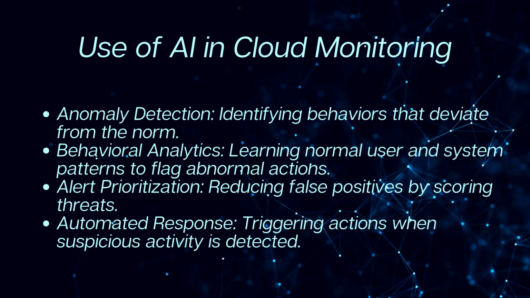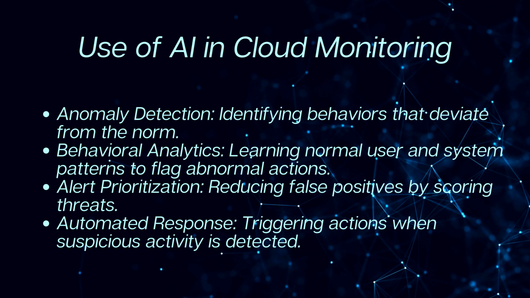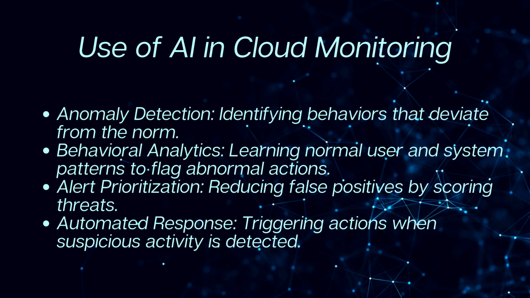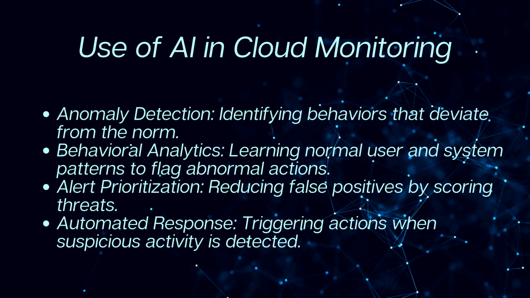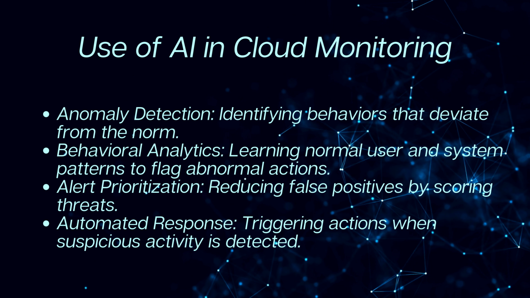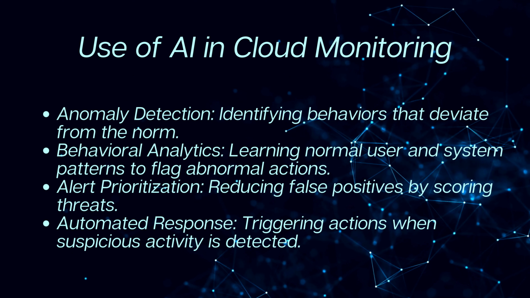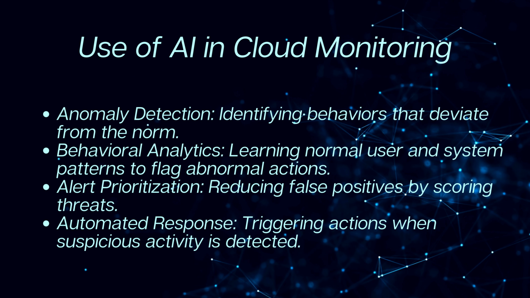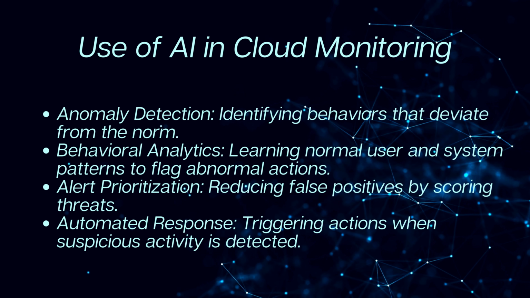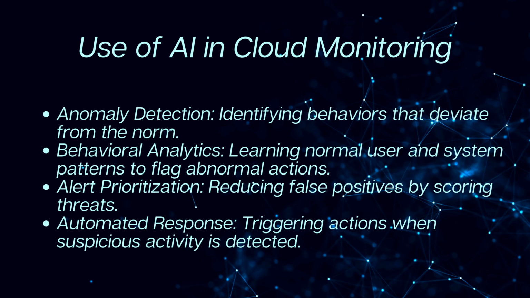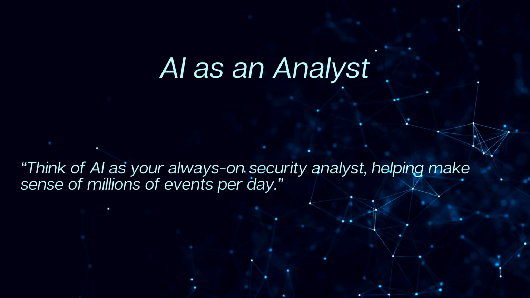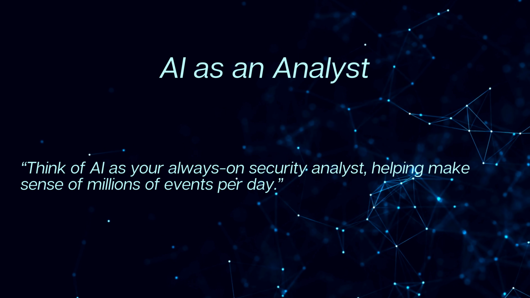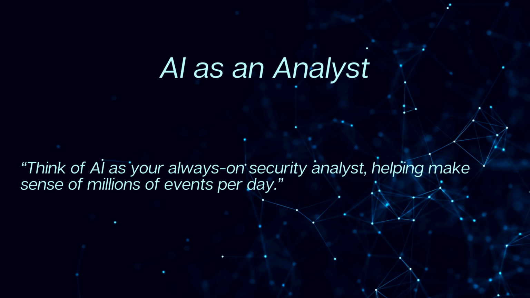Behavioral analytics: learning from user and system patterns to flag abnormal actions. Alert prioritization: reducing false positives by scoring threats. Automated response: triggering actions when suspicious activity is detected. Think of AI as your always-on security analyst, helping make sense of millions of events per day.